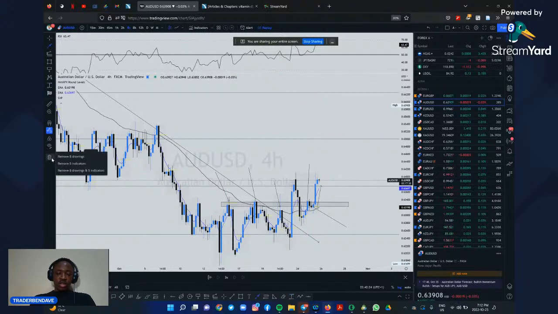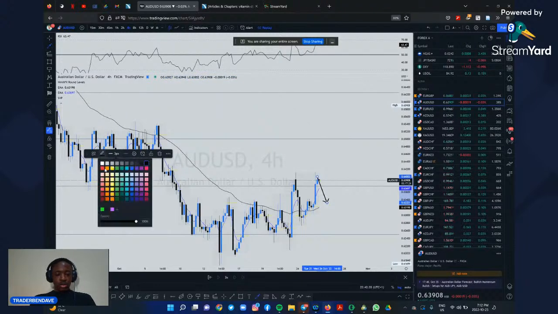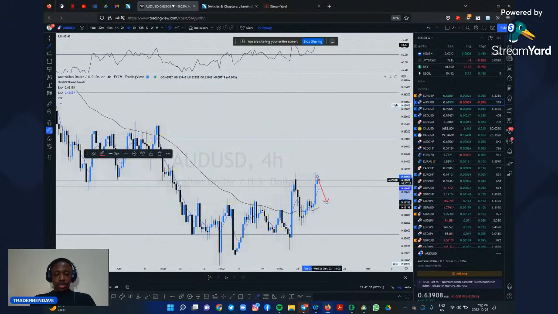Let me clean up the charts. Let me change the color to stand out. All right. So I'll be looking at price coming back to test this level here.